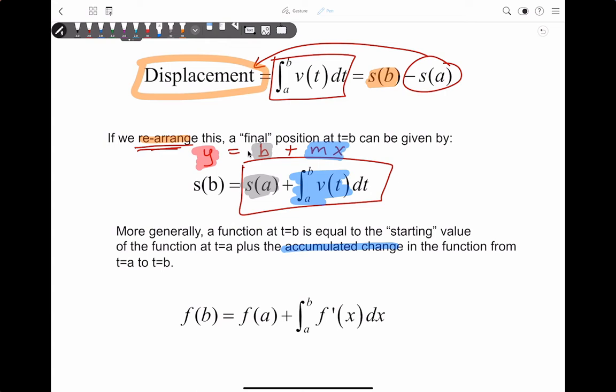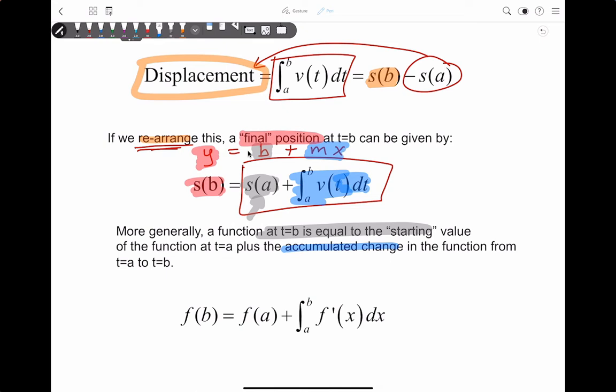And then that will end up with us arriving at our final position. So our final position is going to be in red. Our initial position or our starting value is going to be in gray, and that's S of A. And then our accumulated change is going to be in blue.